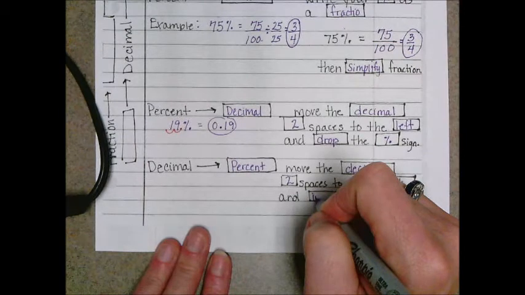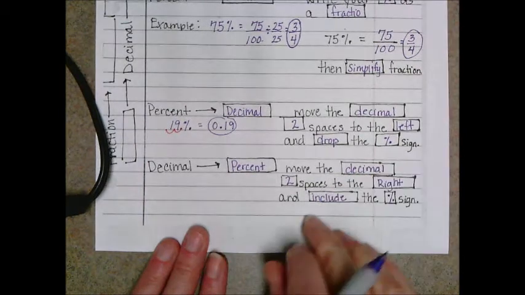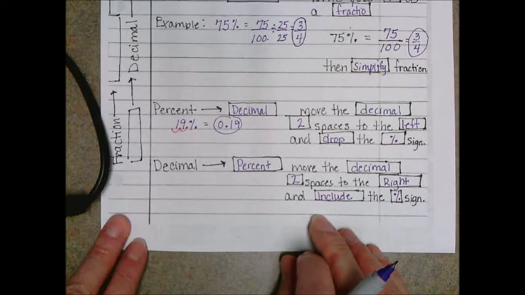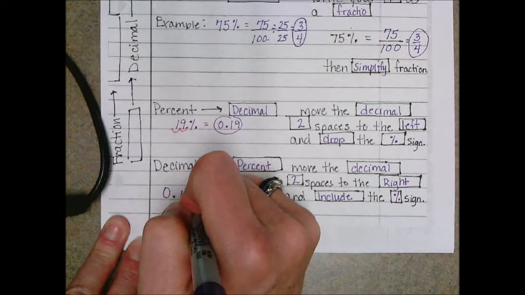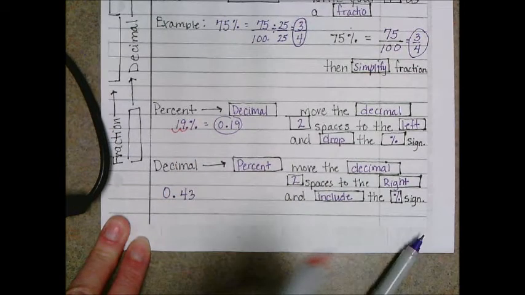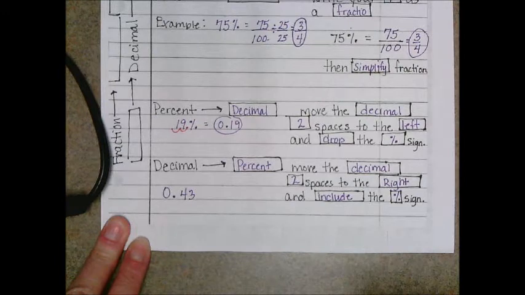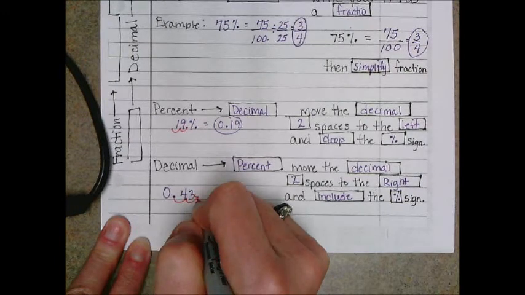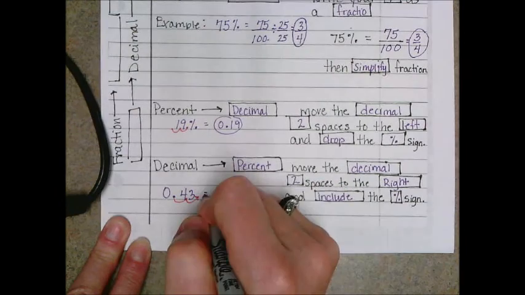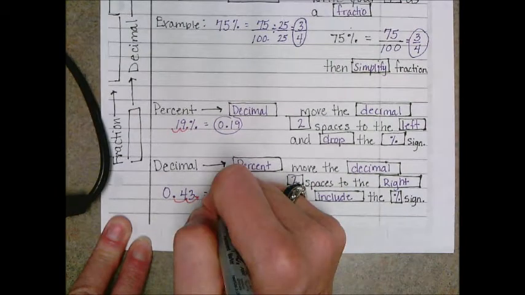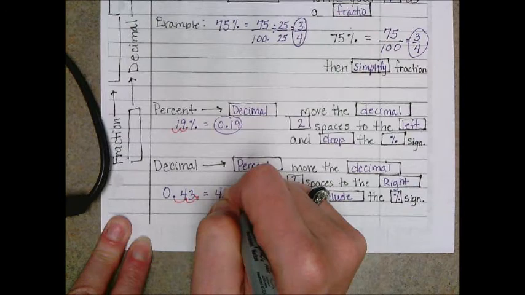So again, if I had, let's say, 0.43 as my decimal, I'm going to move my decimal 2 spaces to the right, and I'm going to include the percent sign. So my number is now 43 with the percent sign because it makes all the difference in the value of the number. It's 43%.